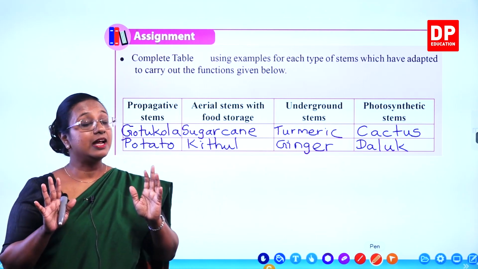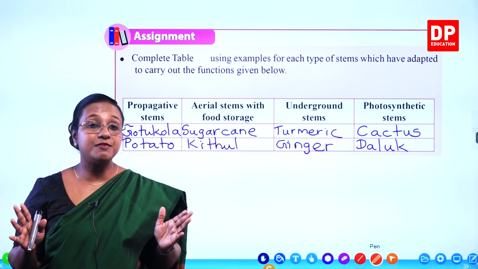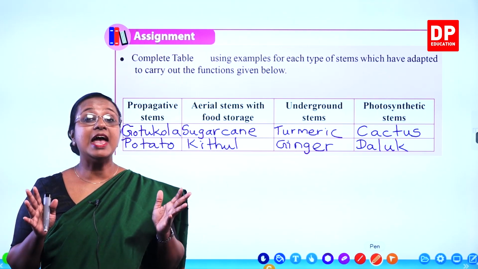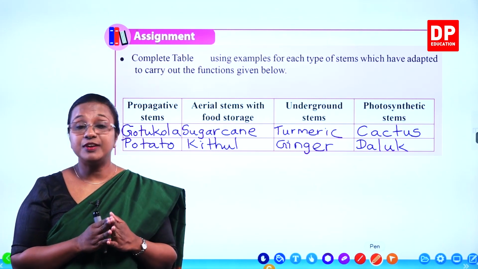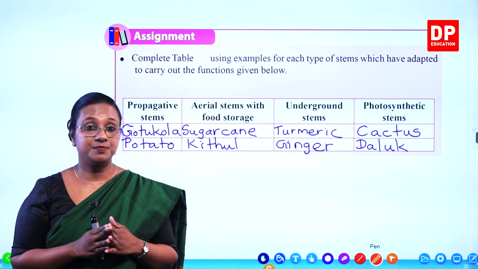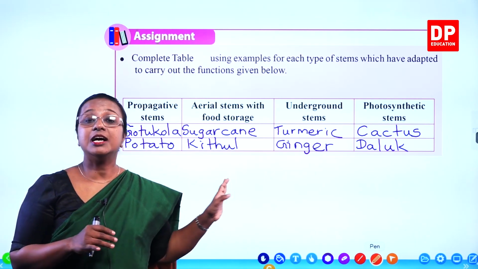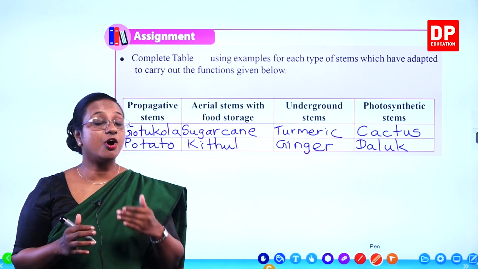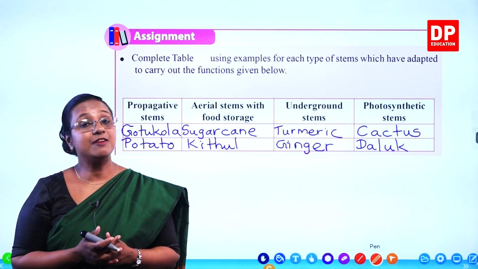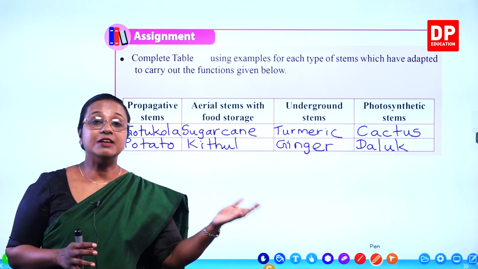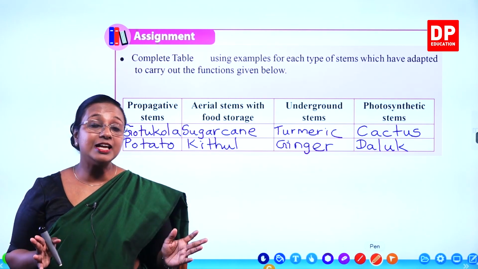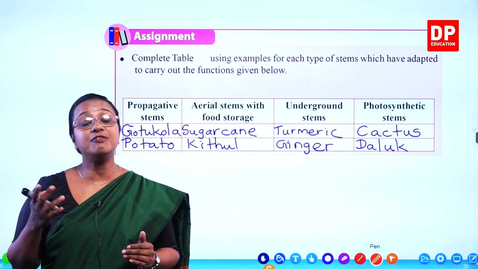So with that, can you all understand the different functions, the diversity and the adaptations as well as the functions of different types of stems? So I have completed the discussion on the diversity and functions of stems. Then we will have to discuss the diversity and functions of roots.